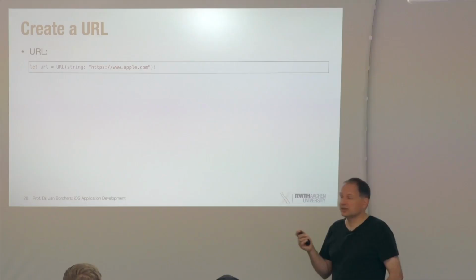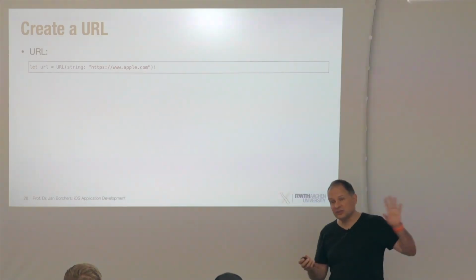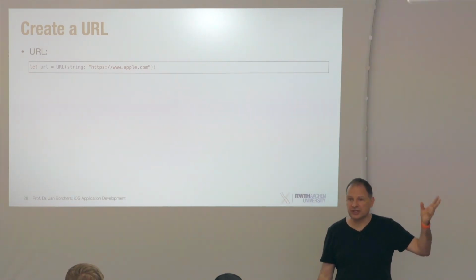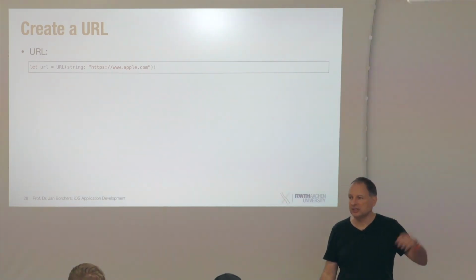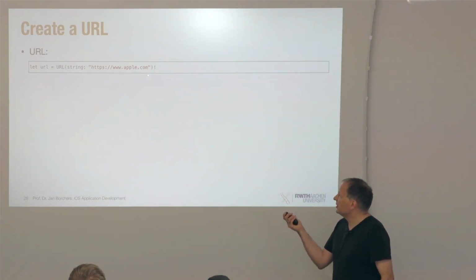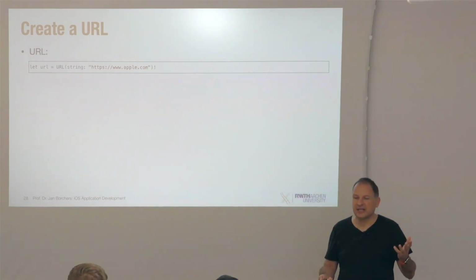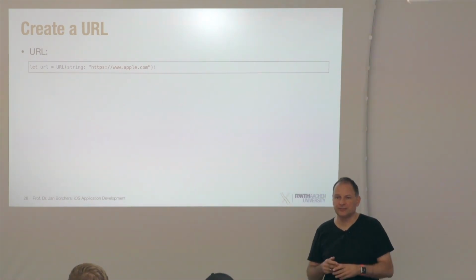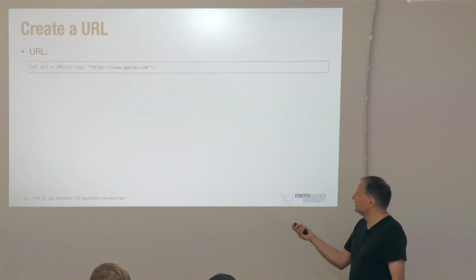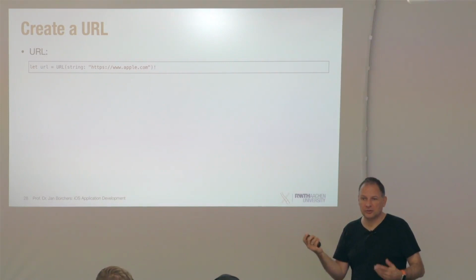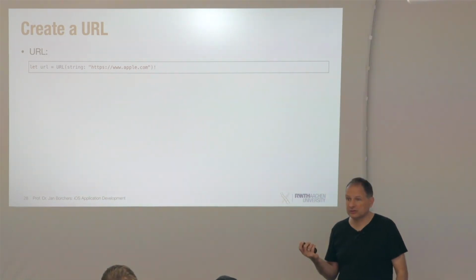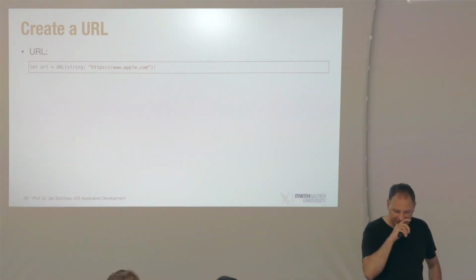Well, the point is this can fail, but this has nothing to do with whether the server is actually online or anything like that. This has only to do with whether the string that you're passing in contains any invalid characters that couldn't be part of a URL. So as long as you're sure of that, and in this case, I'm pretty sure those characters are all valid characters for a URL, you can, in this case, force unwrap.